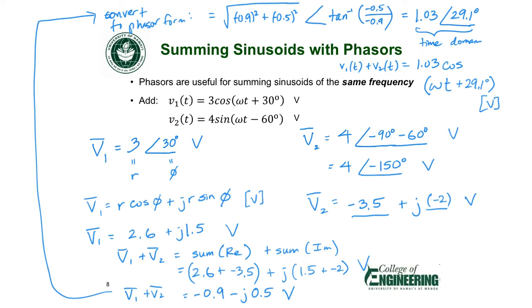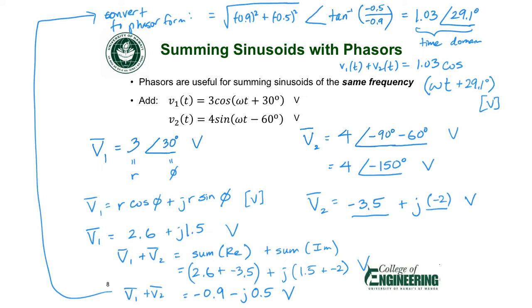Okay, so this is just showing that we can add up, and it'd be very similar for subtraction, sinusoids of the same frequency using our phasor representation. It's not that convenient because we have to convert to the complex number format first.